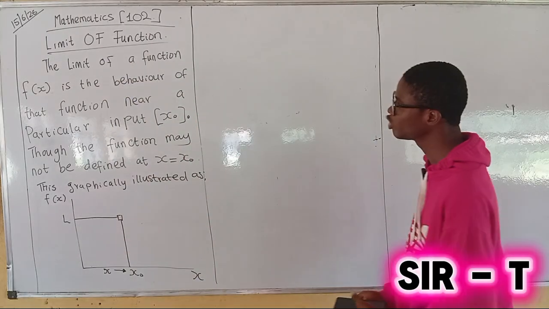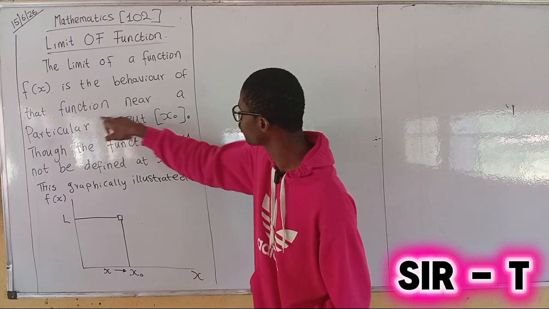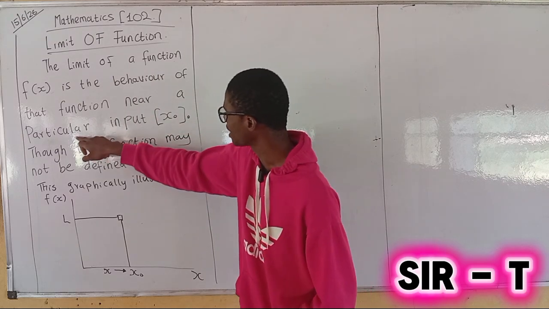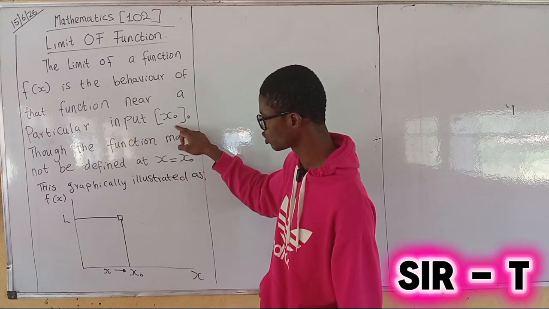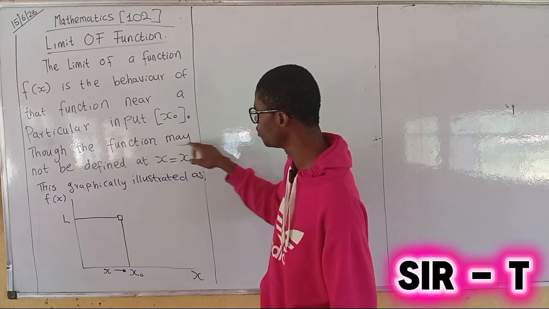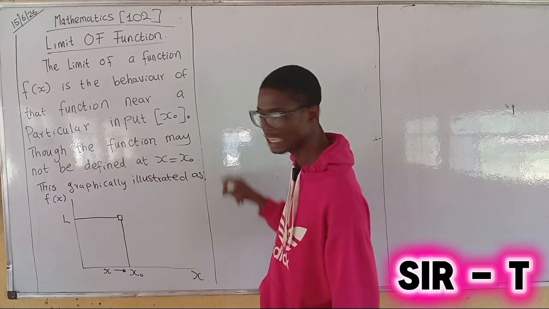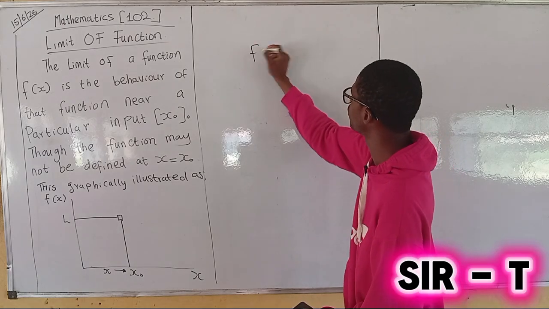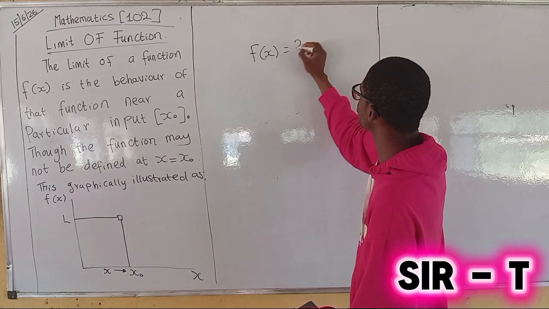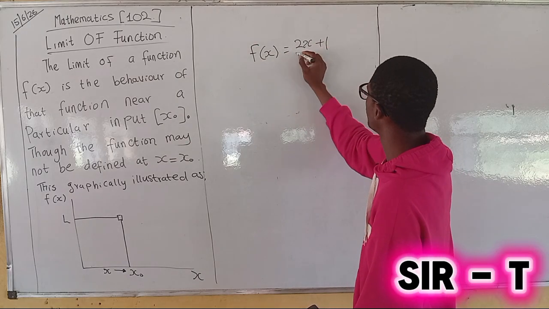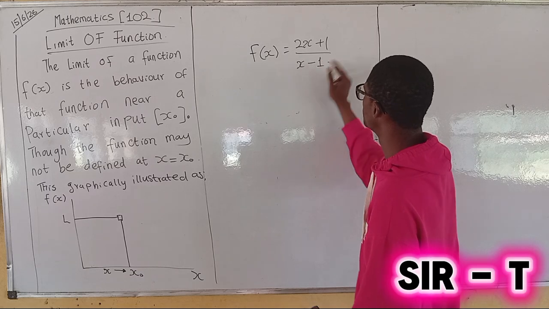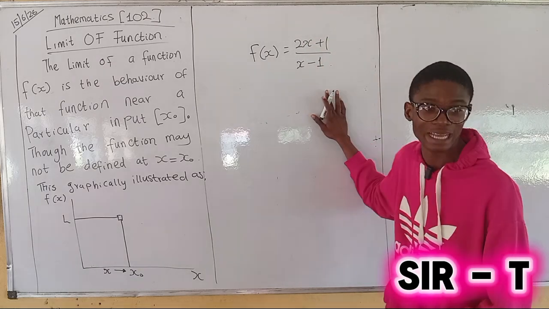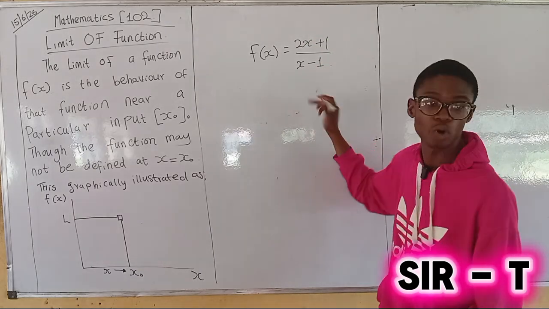So the limit of a function is the behavior of the function near a particular input x naught, though the function may not be defined at x naught. As we saw earlier, the function f(x) = (2x + 1)/(x - 1) is not defined at x equal to 1.